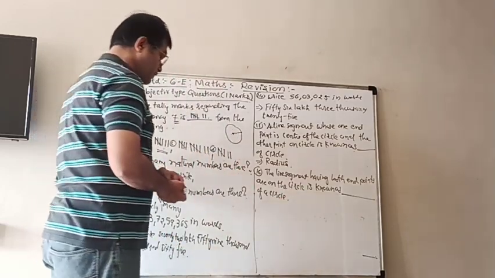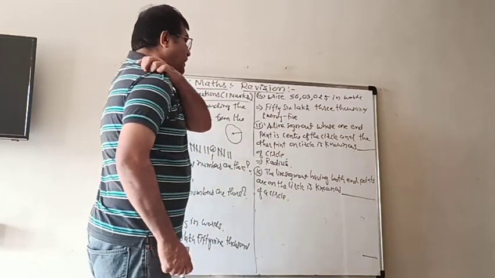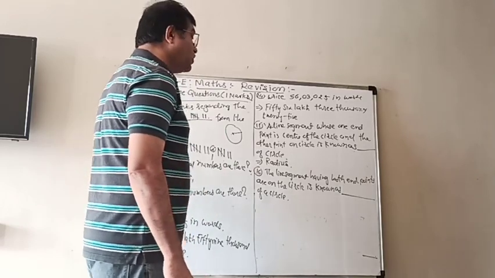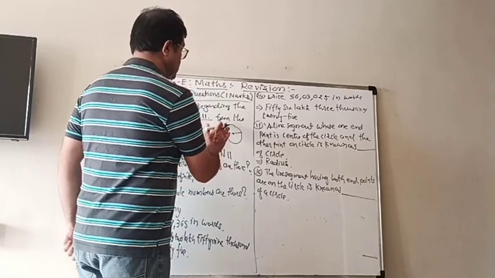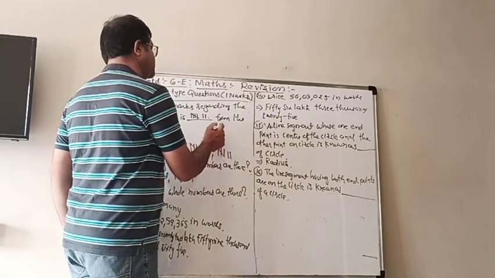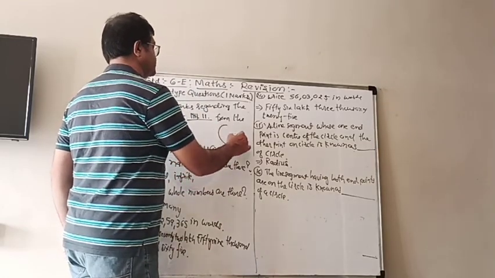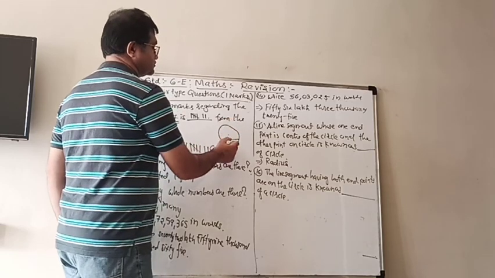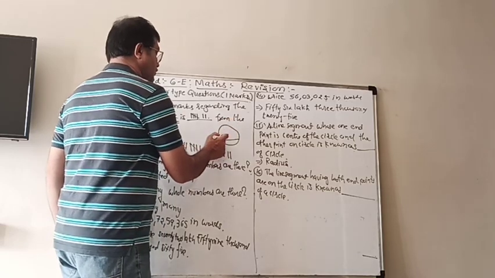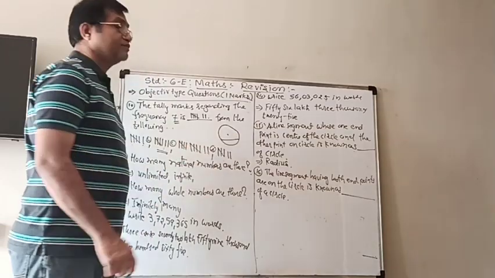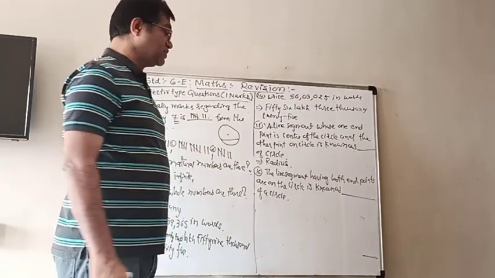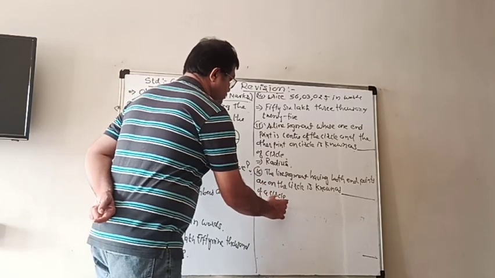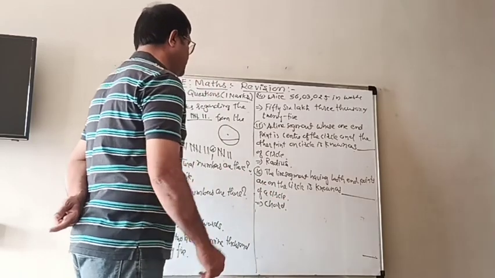So now when we draw a line segment whose both endpoints are on the circle, like that one. This is the center, one endpoint and the other point. Then it is known as the chord of the circle. Chord of the circle.